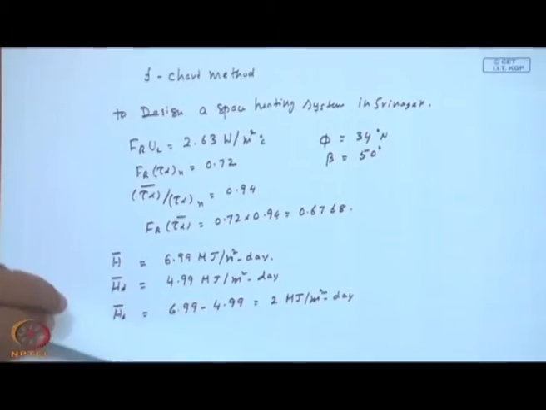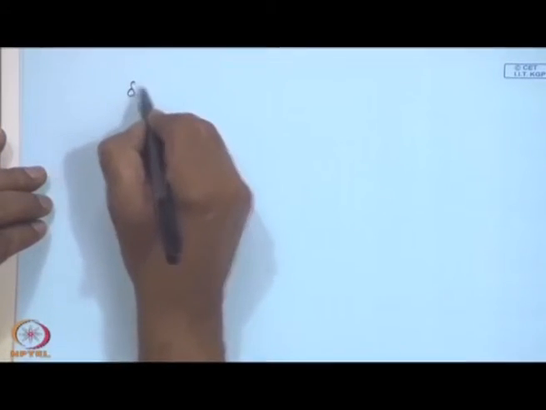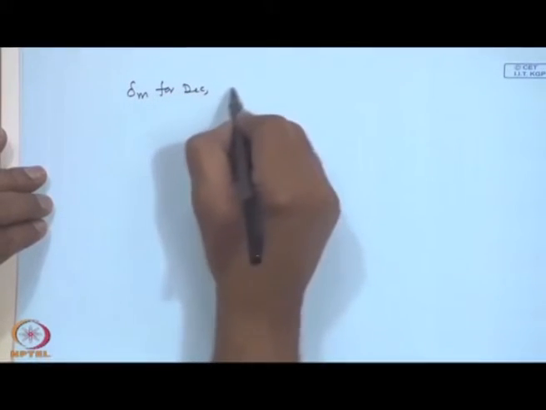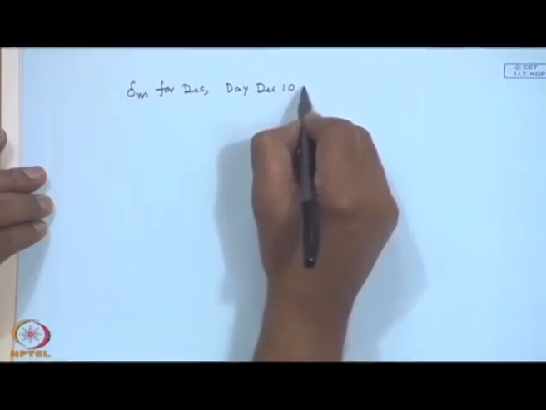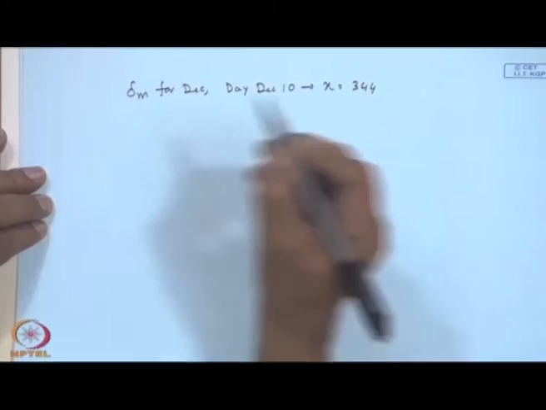And first thing, we shall calculate the delta mean for December. Recommended day is December 10th, which corresponds to n equal to 344.